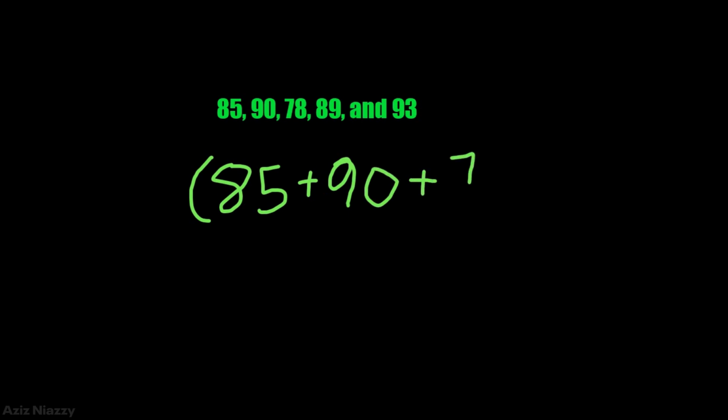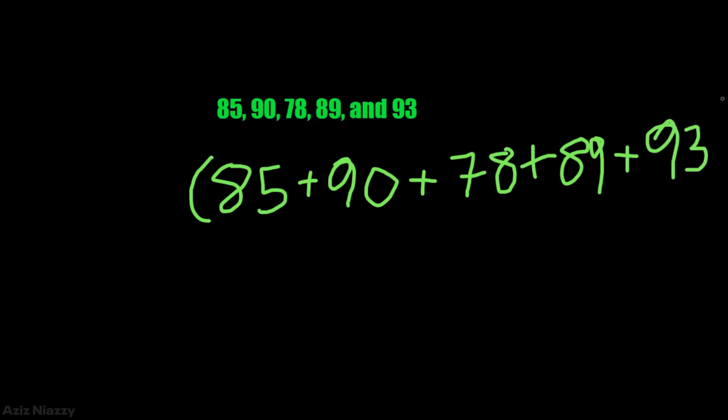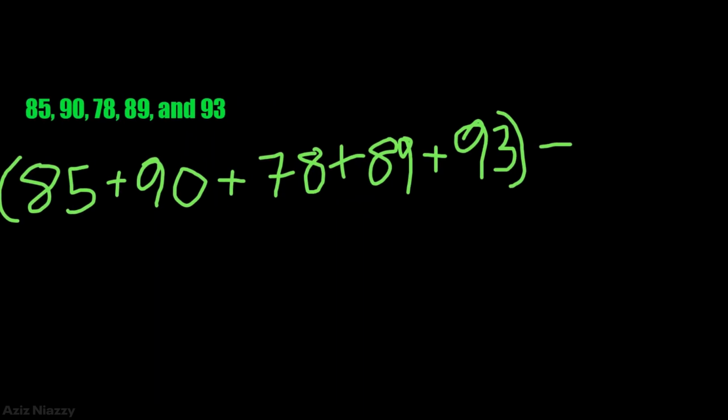So let's do what we did like the last problem. 85 plus 90 plus 78 plus 89 plus 93, divided by, so let's count how many numbers there are. 1, 2, 3, 4, 5. So divided by 5.